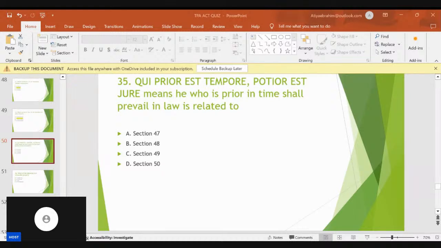Tell me the answer to 35. Qui prior est tempore, potior est jure. What is the meaning of this? Anyone who can tell me the meaning? It's already written in the question, meaning that who is prior in time will be prevailing in law also. Yes, so the correct answer here is, good Priyanka, it is B.